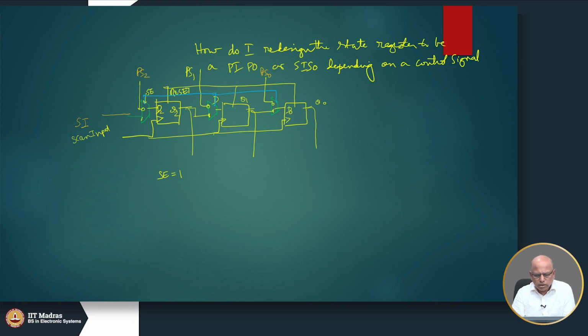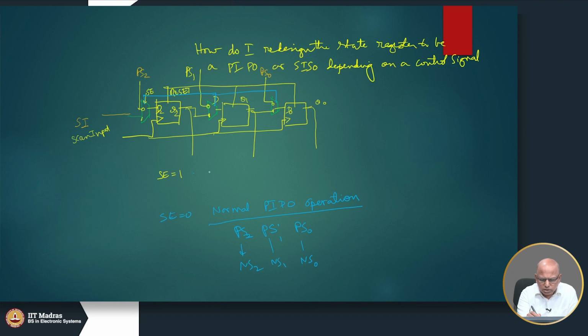When scan enable is 0, then it is normal operation. That means PS2, PS1, PS0 will become NS2, NS1 and NS0.